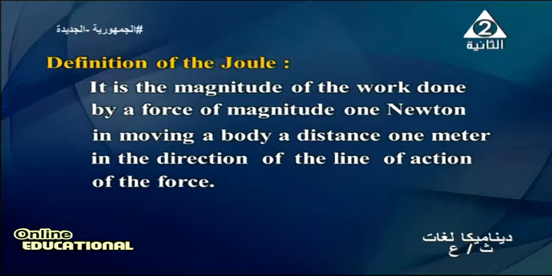Then the joule is the magnitude of the work, but the force must be in Newton and the displacement must be in meter. And the erg is the magnitude of the work done by a force of magnitude 1 dyne in moving a body a distance 1 centimeter in the direction of the line of action of the force.